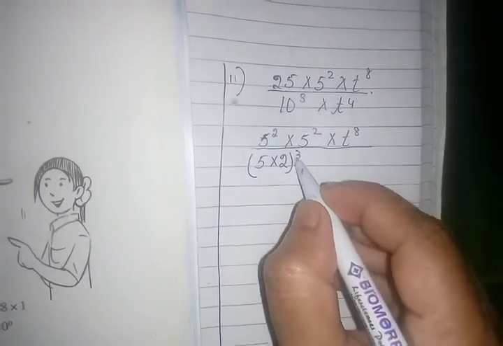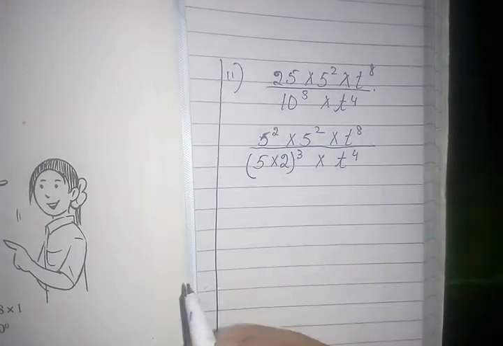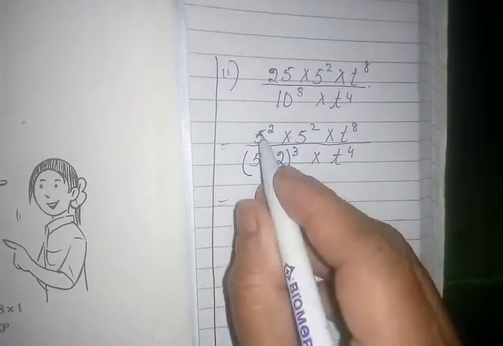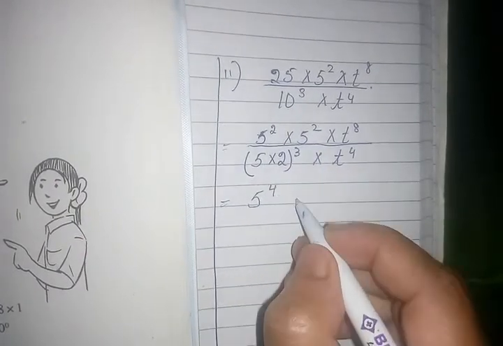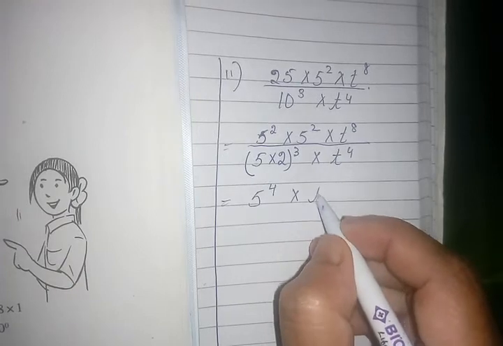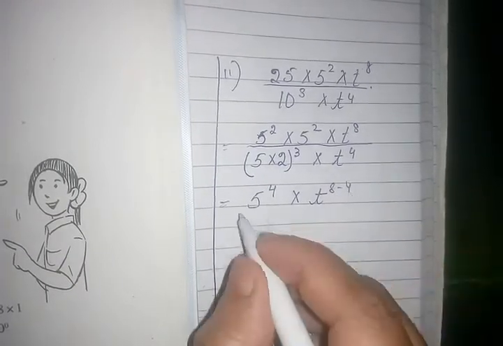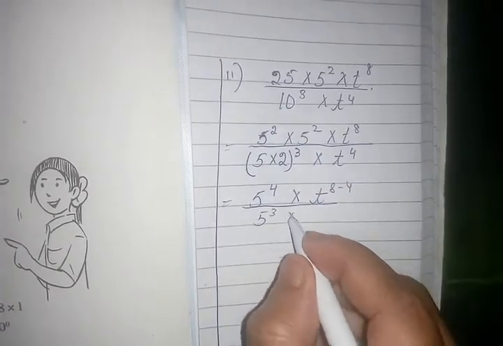So we will mark here raised to power 3 into t raised to power 4. Again, it is multiplication and bases are same, so powers will be added. 2 plus 2, 4, into t raised to power 8 minus 4, and here we may write 5 cube into 2 cube.